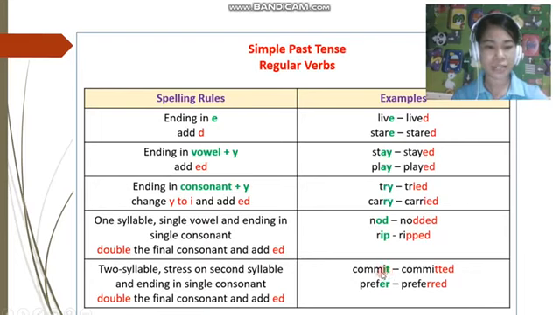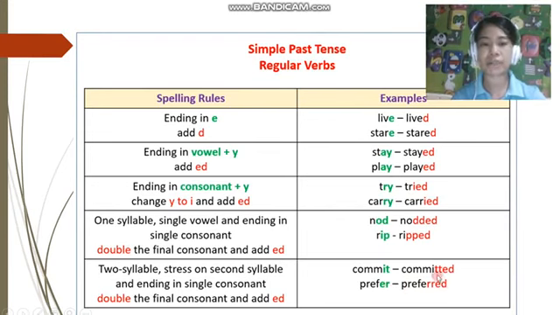When you see this form, you have to double the final consonant and then you add ED. Again, one more example, like the word prefer. Here, you can see letter E is a vowel and letter R is a consonant. When we have a vowel and a consonant at the end of the word like this, you have to double letter R, double the final consonant, and then you add ED.